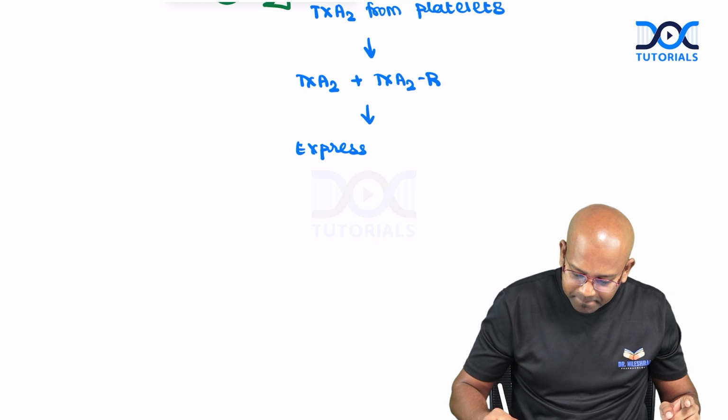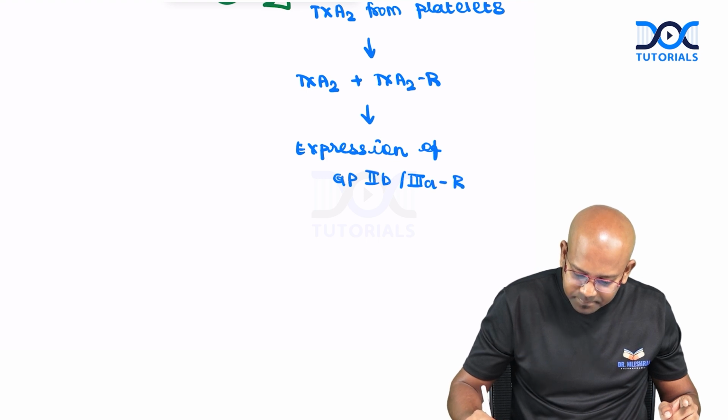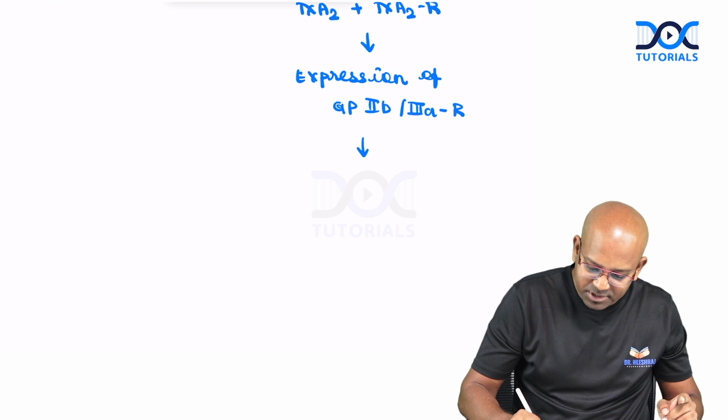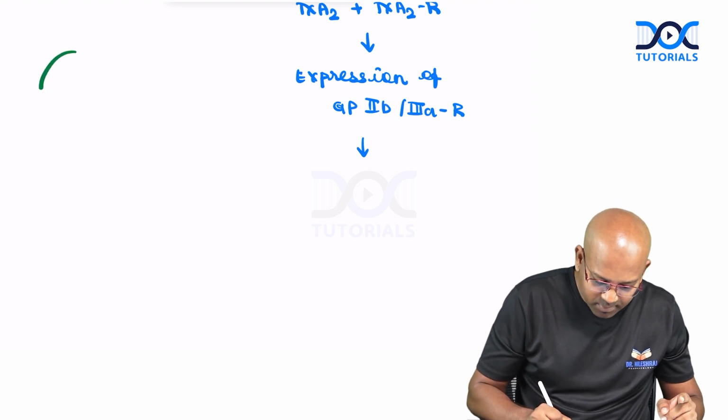Because of the interaction between thromboxane A2 and thromboxane A2 receptor, there will be expression of glycoprotein 2B3A receptor. I will draw the diagram over here, my dears.